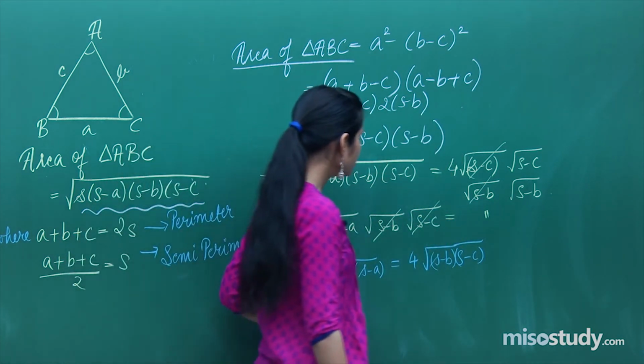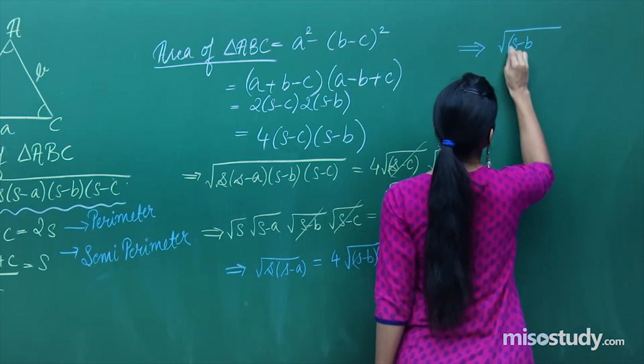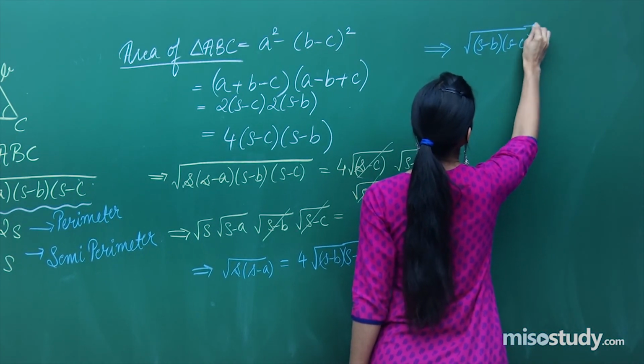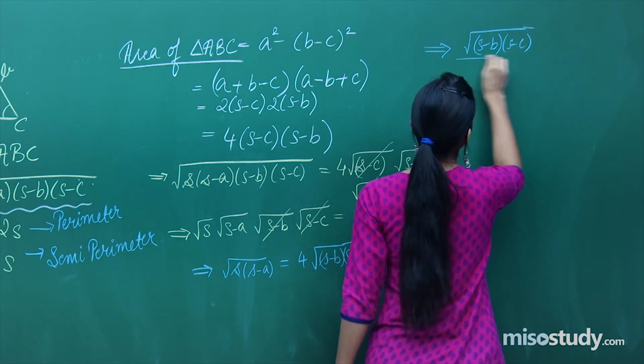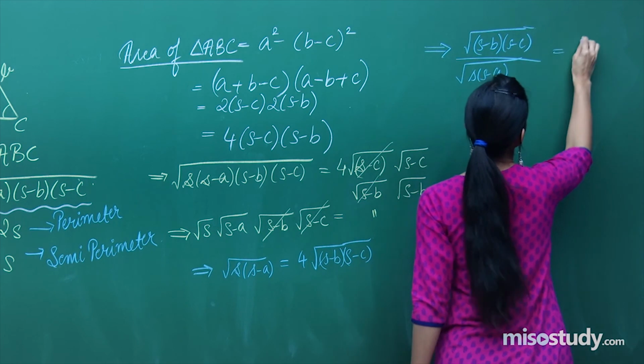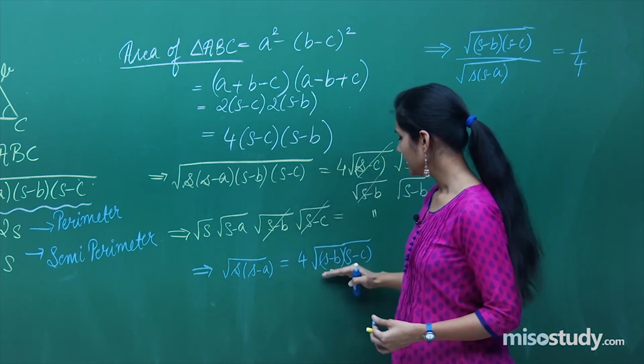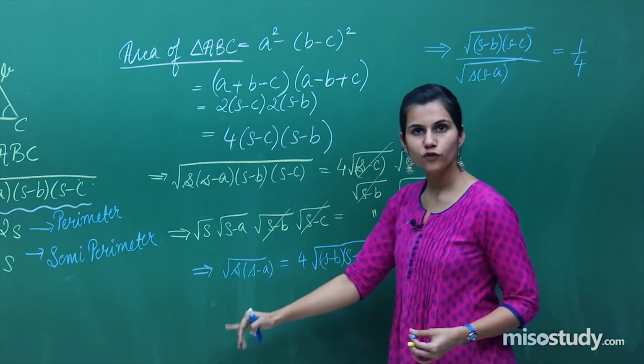This implies under root (s minus b)(s minus c) upon under root s into (s minus a) is 1 by 4.